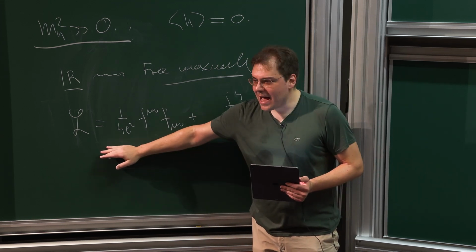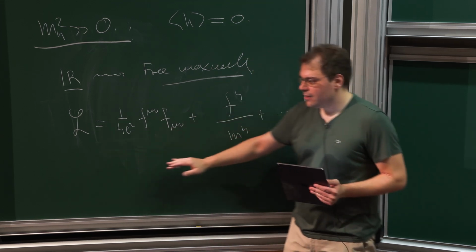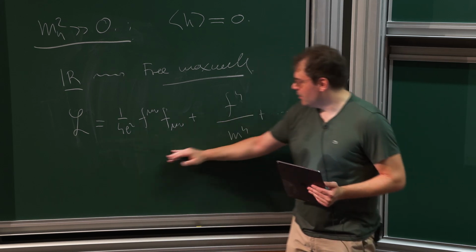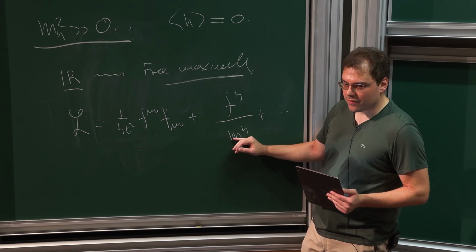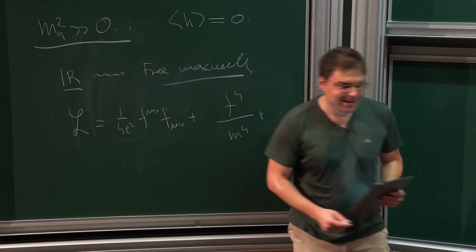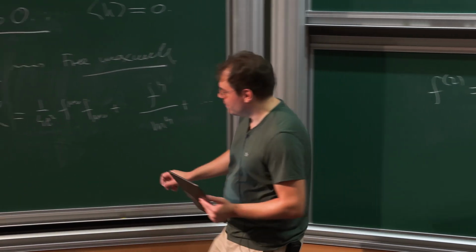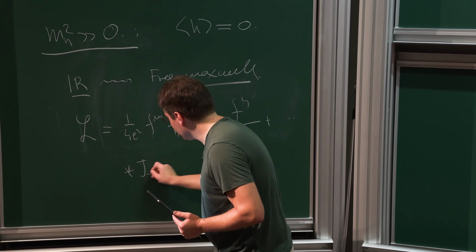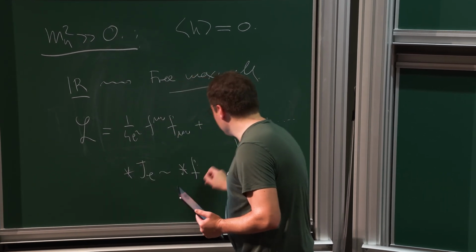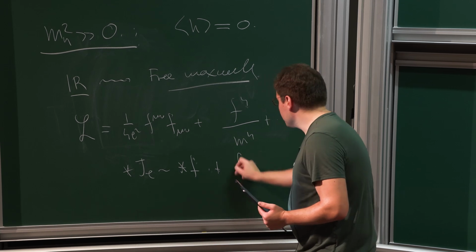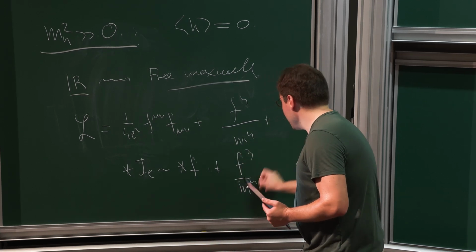And you can check for yourself that if you write down Maxwell's equation in the presence of these higher derivative couplings for F, they again give you a conserved electric two-form current. Roughly speaking, the conserved electric two-form current will look like before. There'll be a star F, and then there'll be cubic terms suppressed by m and so forth.